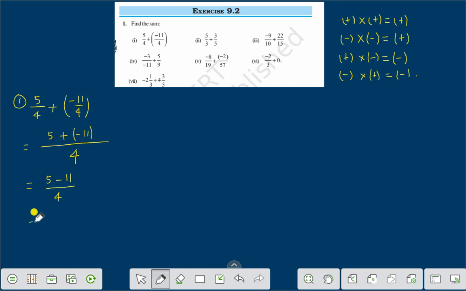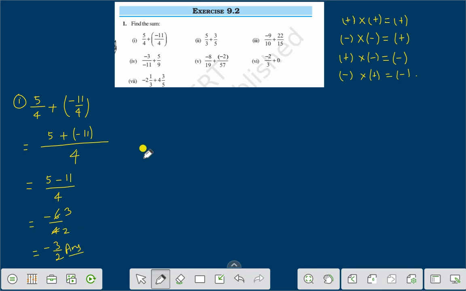Now 5 minus 11 is minus 6 by 4. If we change to the lowest term, 2 3s are 6 and 2 2s are 4, then you are getting minus 3 by 2, and that is the answer.